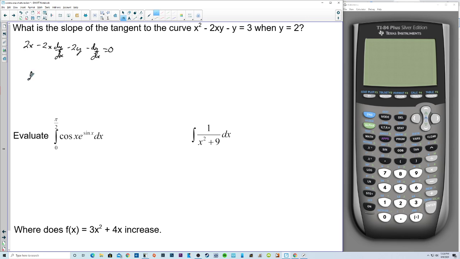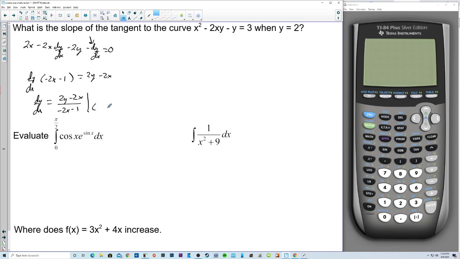So let's factor out a dy dx, and we get negative 2x minus 1. The minus 1 is actually right there. And let's get all the other stuff to the other side. So 2y minus 2x. dy dx is 2y minus 2x over negative 2x minus 1.